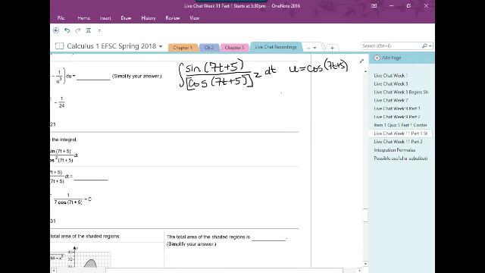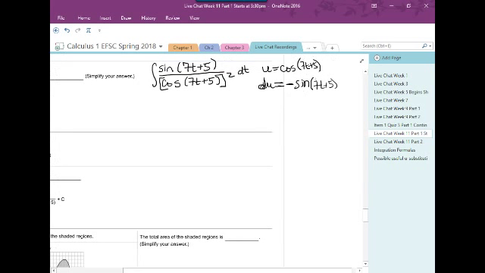And then we would find du and see if we have what we need. So du, the differential, is the derivative of cosine of 7t plus 5. The derivatives of cofunctions are negative, so this is going to be negative. Derivative of cosine is sine. And then it's not the cosine of just t, it's the cosine of 7t plus 5, so we have to use a chain rule.